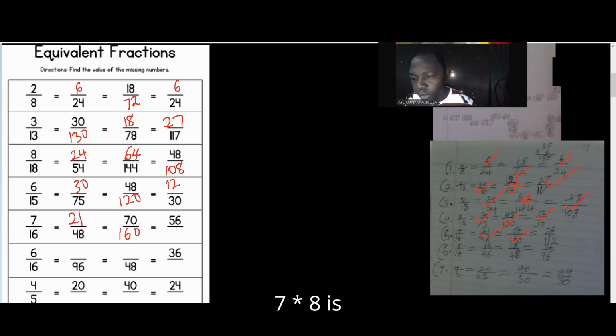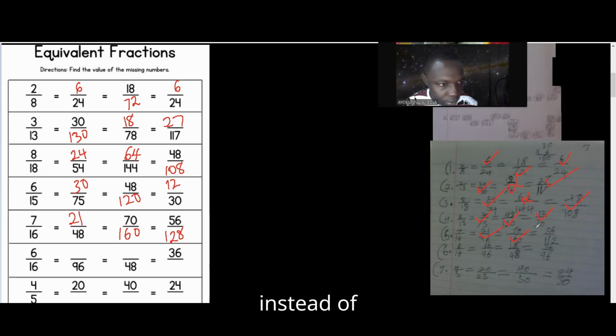And 7 times 8 is 56. So we need 16 times 8, that'll be 128 instead of 112. Check it again.